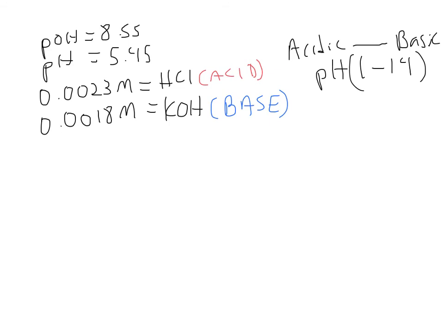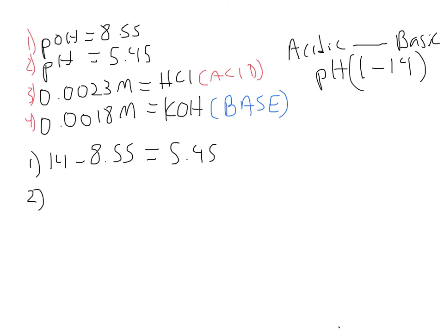So let's see, we'll label these 1, 2, 3, 4. Alright, so let's look at 1. How do we figure out the pH value? Simple. 14 minus 8.55 equals 5.45. Number 2. What's the pH of pH 5.45? Well, it equals 5.45. Nothing needs to be done there.